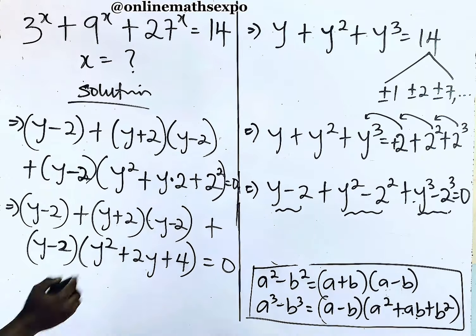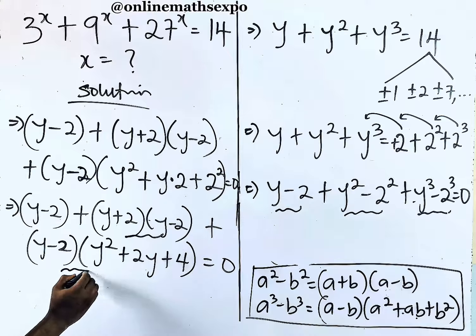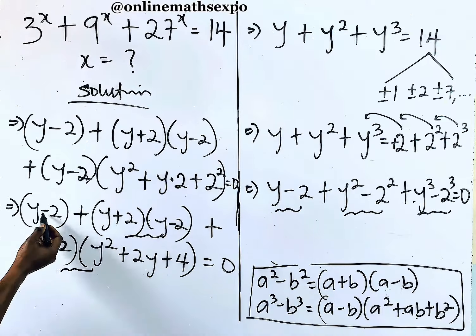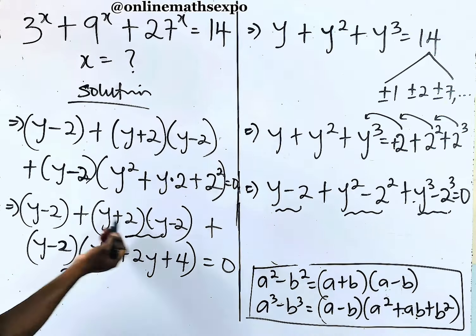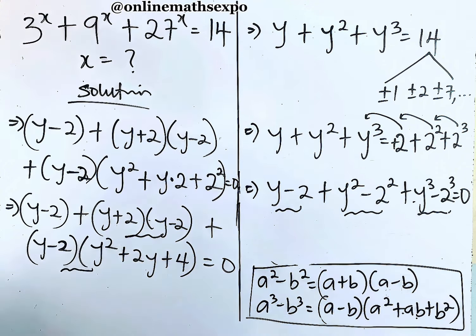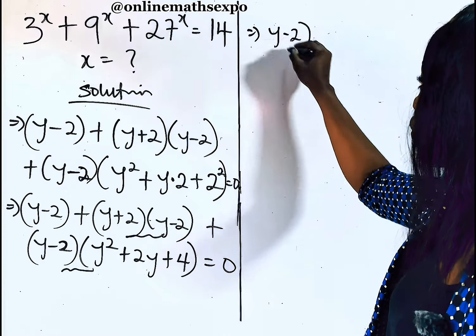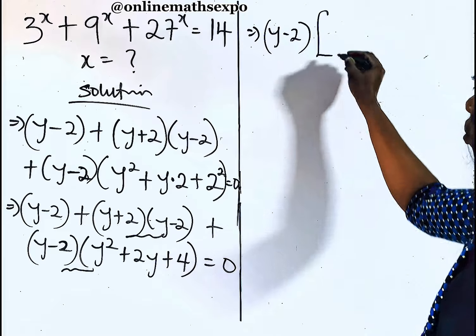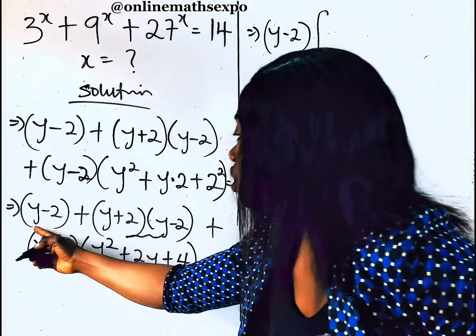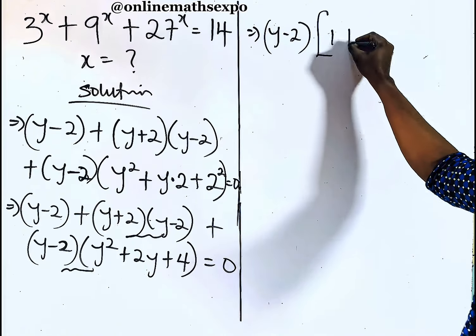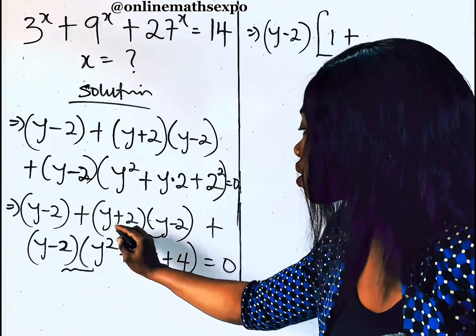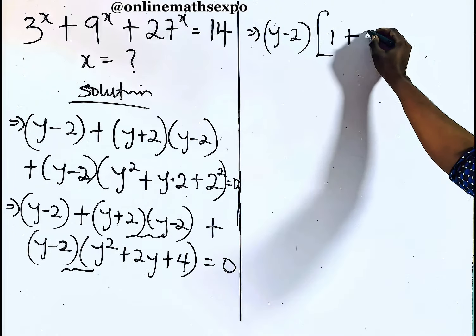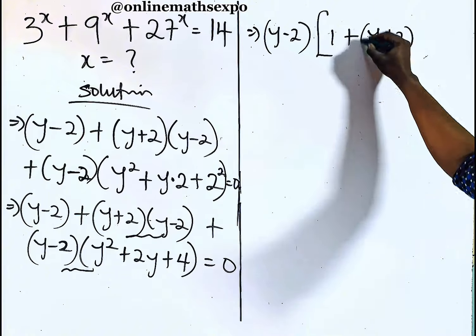You observe now that, remember, these two are together as well as these two. So you observe that y minus 2 is repeated in the three parts. So we're going to factor it out to have y minus 2 factored. Let's open a big bracket. If this divides itself, it gives you 1 plus, when this divides these two, we are left with y plus 2.